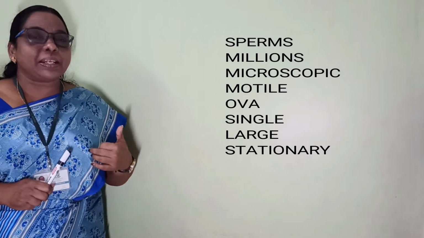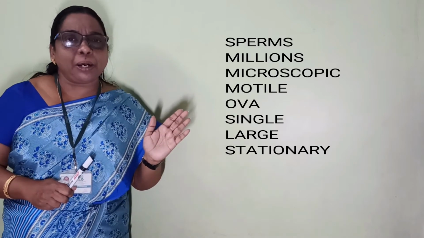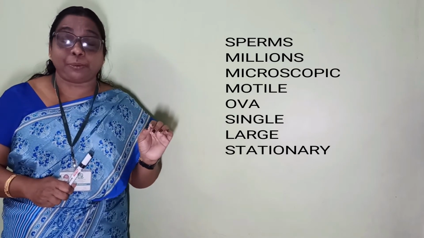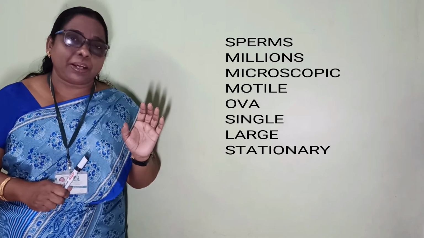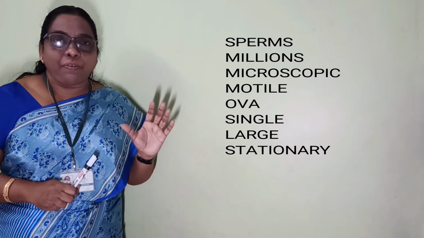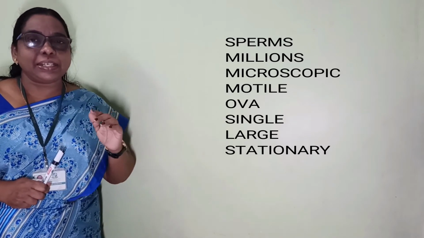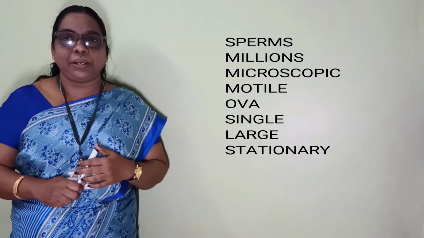The third point is that sperms are microscopic, small in size, whereas the ova is very large in size. Okay, children, that is the difference between the sperm and the ovum.